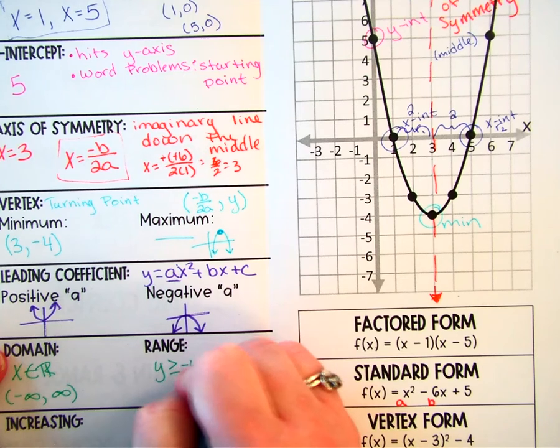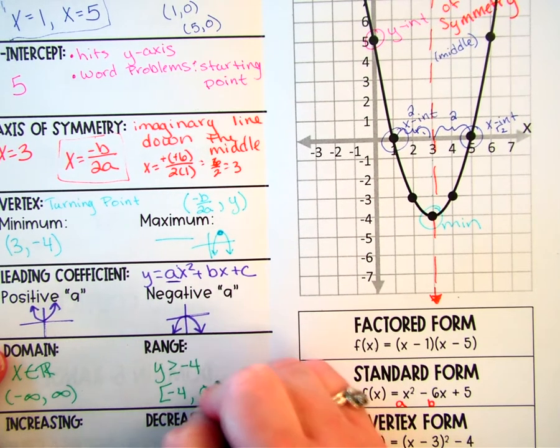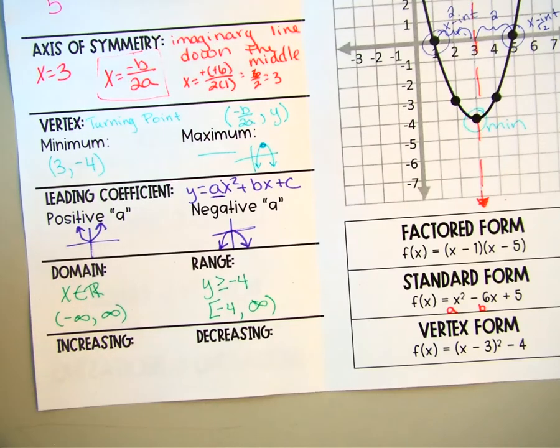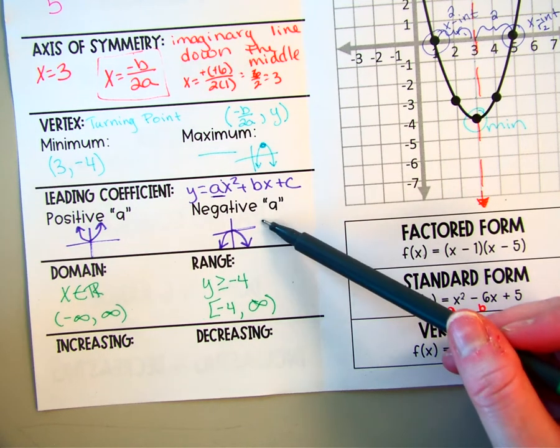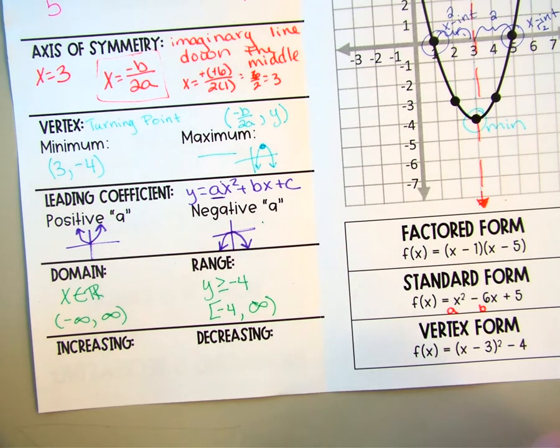So y is greater than or equal to -4. Interval notation would be bracket -4 to infinity. Now, if this had a negative a value and it was pointing down, my range would be a less than. But because it's pointing up, my range is a greater than.